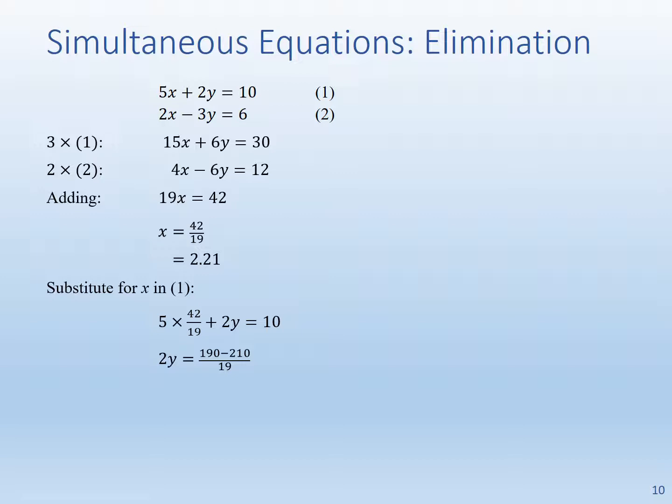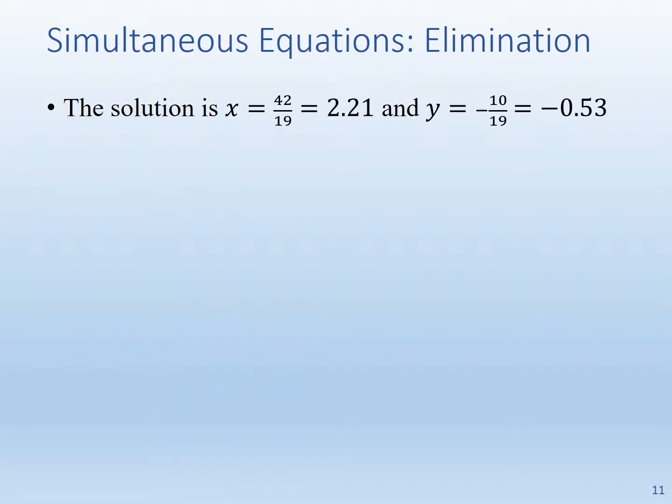We now need to divide that equation by 2, and we'll get an exact value of minus 10 over 19, which we can approximate with a decimal. So the solution is x equals 42 on 19 and y equals negative 10 on 19.